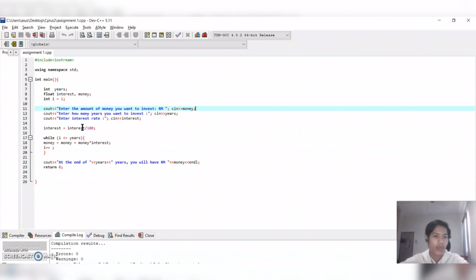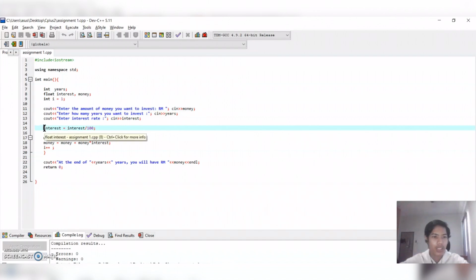So then we will move to the formula. The first formula before we get into the loop is, first we must change the interest from percent to the decimal place. So interest is equal to interest divided by 100. So at loop here, we will be using the while loop. So while I is less than or equals to years, it will repeat money equals to money plus money times interest and I plus plus.